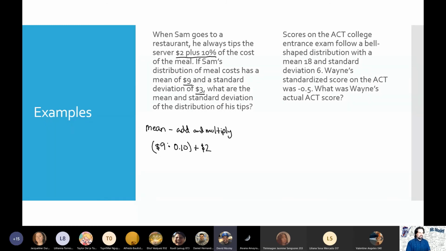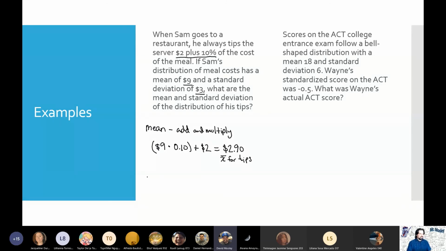Right, the 10% of $9 tells us how much, and then we get to add $2 to determine the tip. This results in a $2.90 mean for the tips. So this is the x bar for the tips.